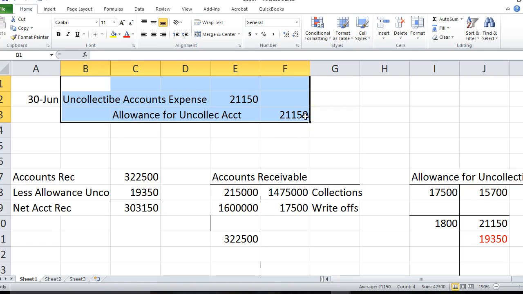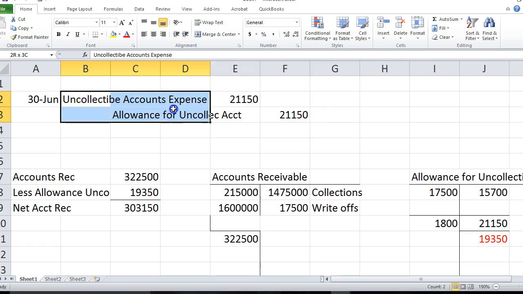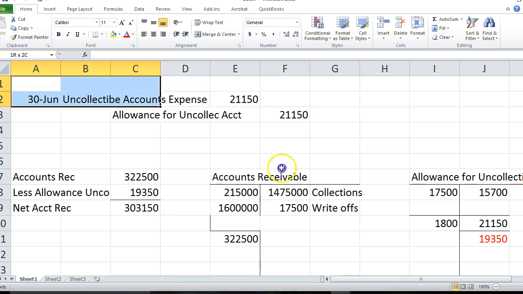So when we finally write off accounts and zero out that accounts receivable, we use our allowance for uncollectibles to offset it, since we've already recorded the expense in that period. Make sense, guys? Let's look at E5A.